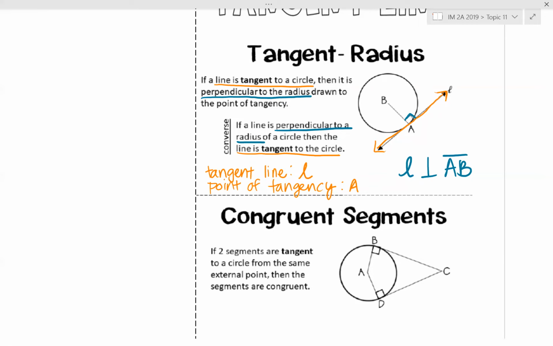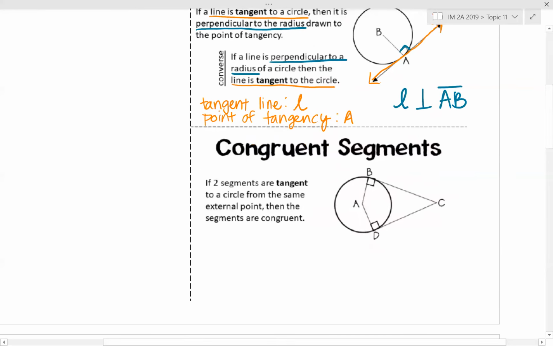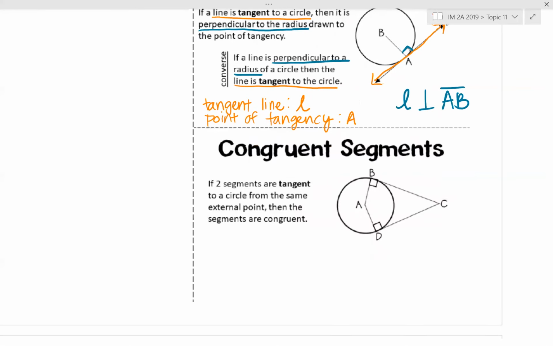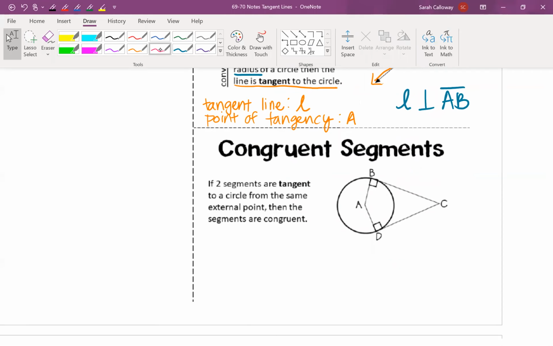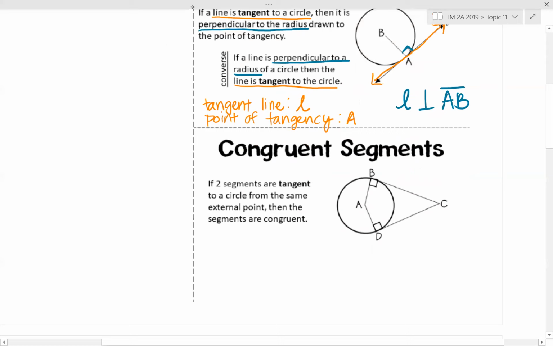Another situation that we're going to see is when we have 2 tangent segments. If those 2 segments are tangent to a circle from the same external point, so these are both coming from point C, then those 2 segments are congruent.